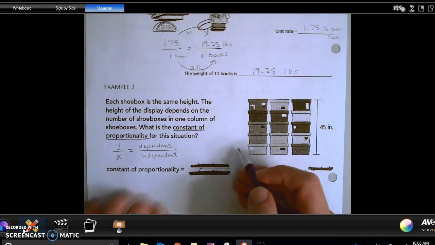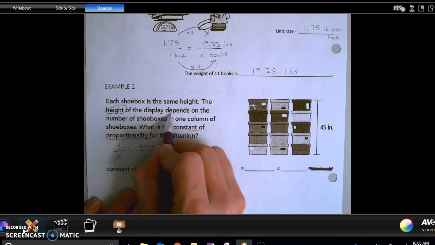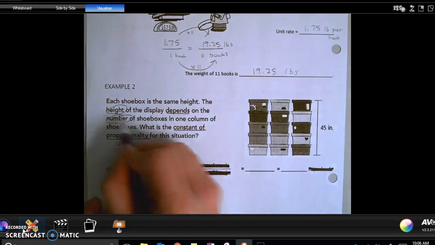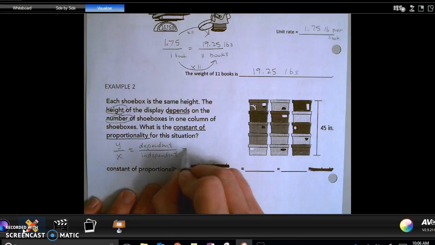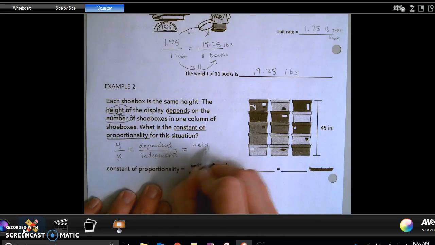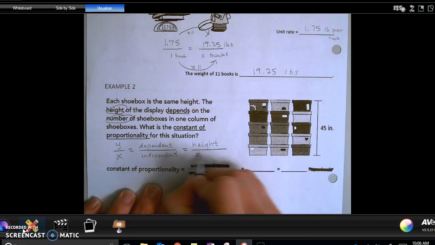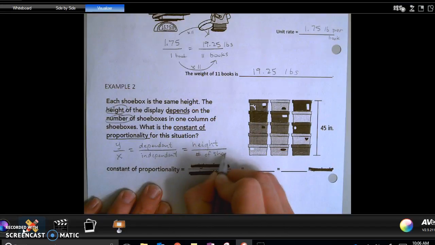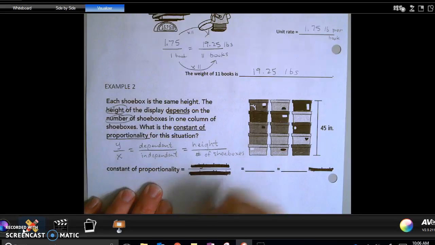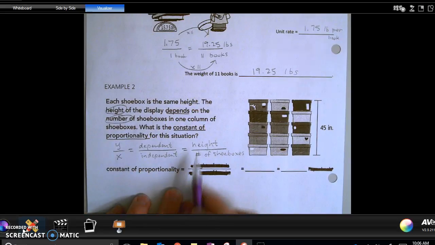I know that the height depends on the number of shoeboxes. So the height is going to be my dependent variable, and the number of shoeboxes is going to be my independent variable. So height is going to be my y, number of shoeboxes is going to be my x.